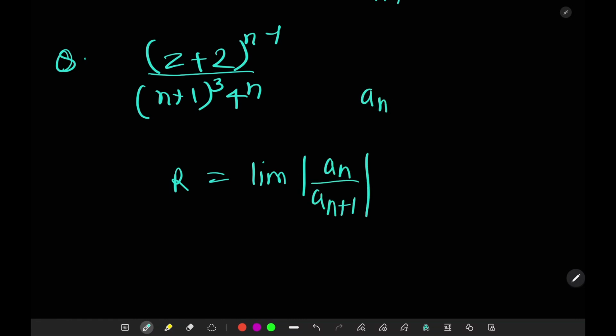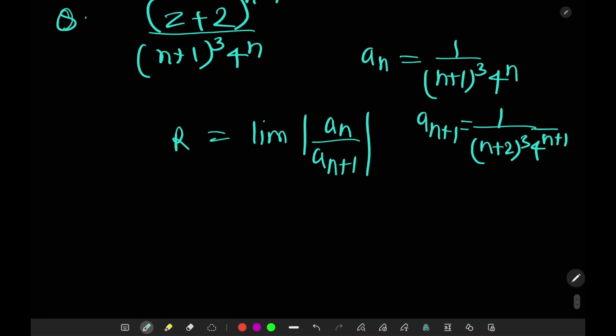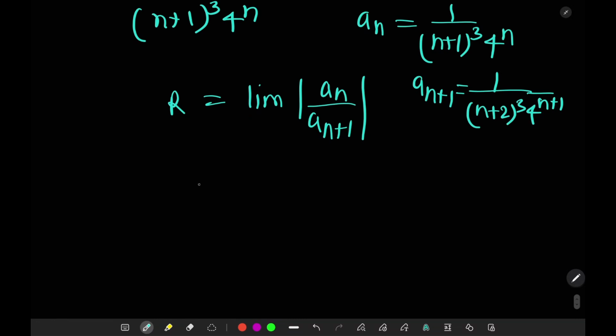Now putting a_n = (1/(n+1)^3) 4^n, and in a_(n+1) putting n+1 in place of n, we get this value. Now putting this value in this formula, here n tends to infinity.